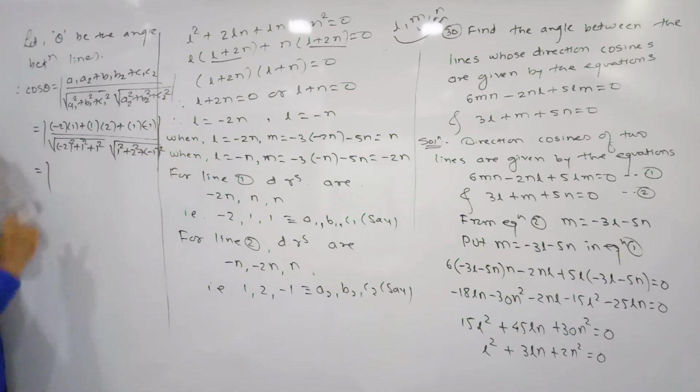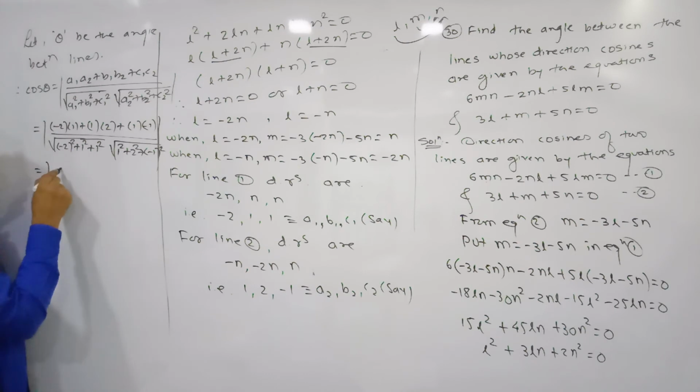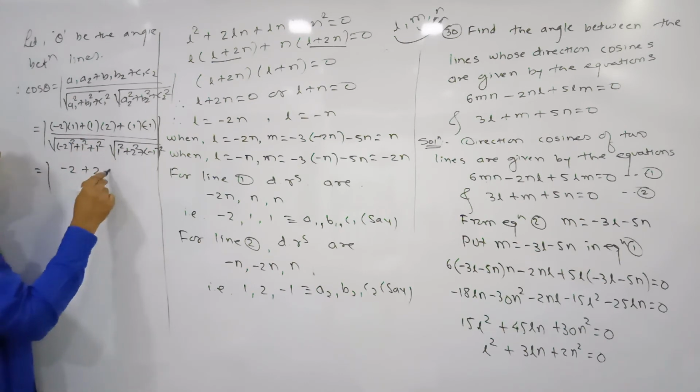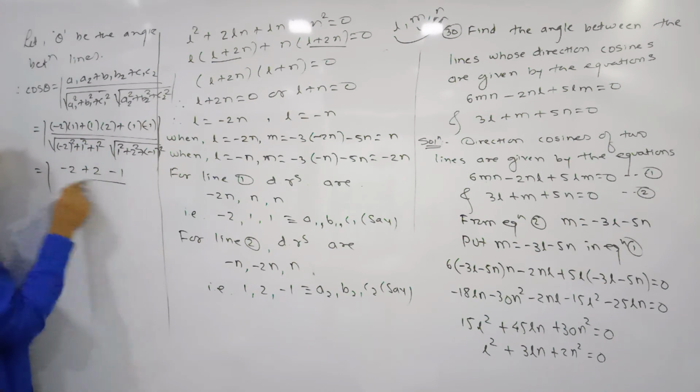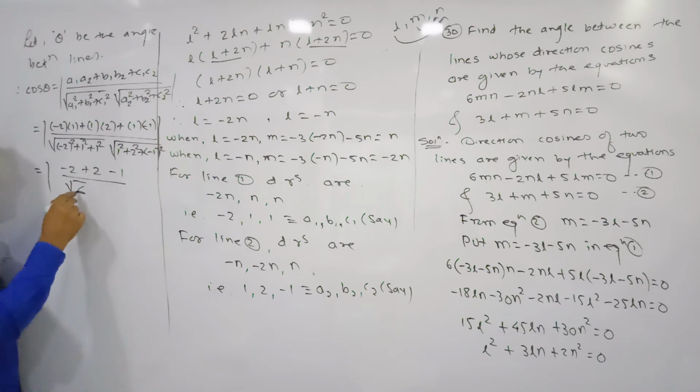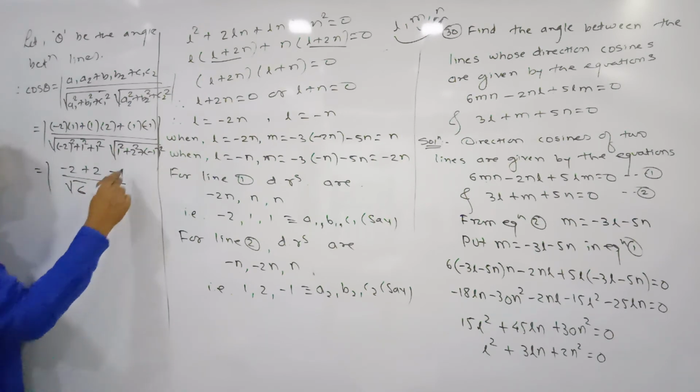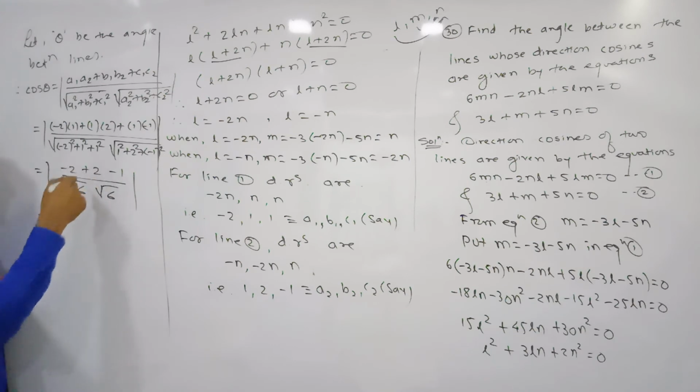Let us simplify it. Here we will get minus 2, here plus 2, and here minus 1, divided by root 6, and here also root 6.